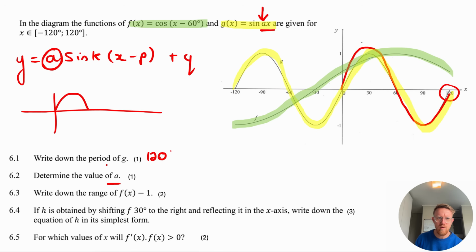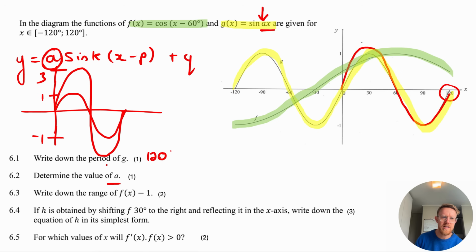So if, for example, you have that, and this is a 1, and this is a minus 1, then A would just be 1. But if they then stretch all the way like that, and they go up to like 3 over here and minus 3, then A would be 3. Okay, so that part there takes care of your stretch.